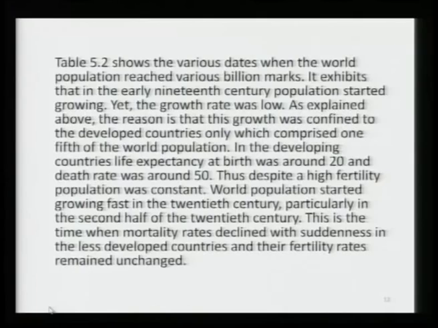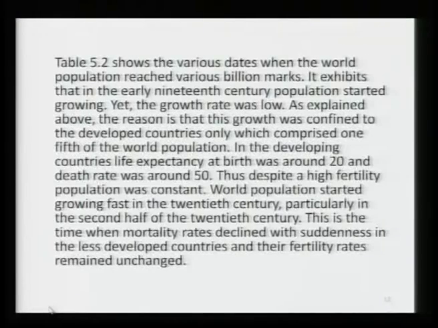When the growth started in less developed countries, where 3/4 of world population lived, obviously its impact on the population growth rate of the whole world was much more. In the developing countries, life expectancy at birth was around 20 and death rate was around 50.